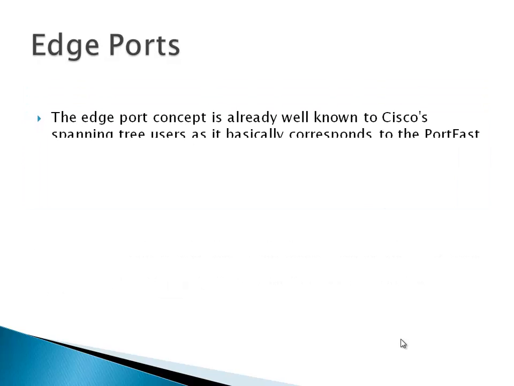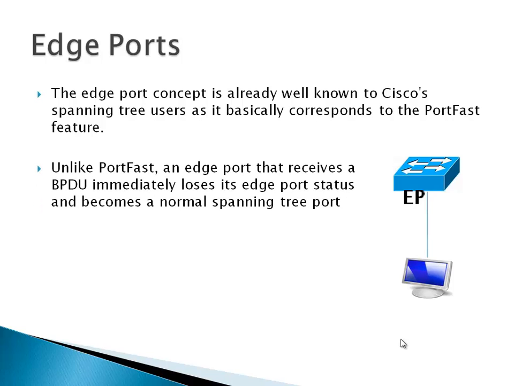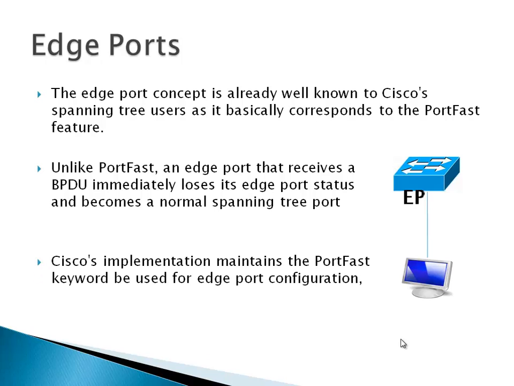Edge ports. The edge port concept is already well known to Cisco Spanning Tree users, as it basically corresponds to the port fast feature. So a switch port that connects to a client machine is considered an edge port in Rapid Spanning Tree protocol. Unlike port fast, an edge port that receives a BPDU immediately loses its edge port status and becomes a normal Spanning Tree port.